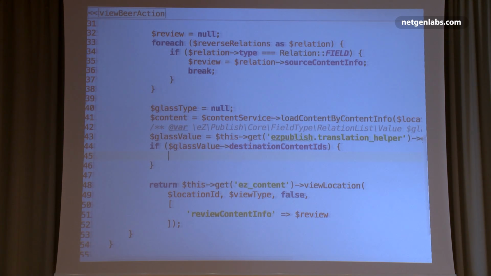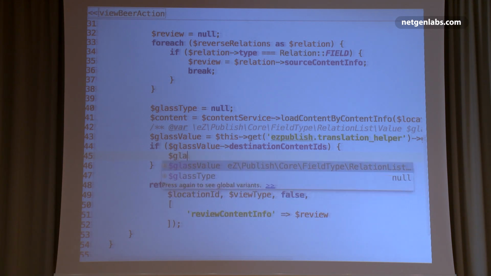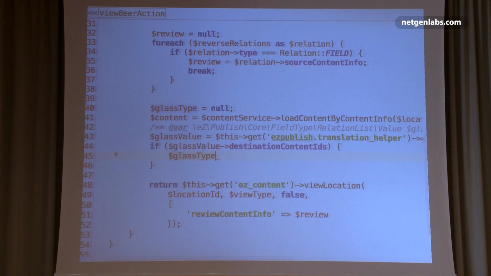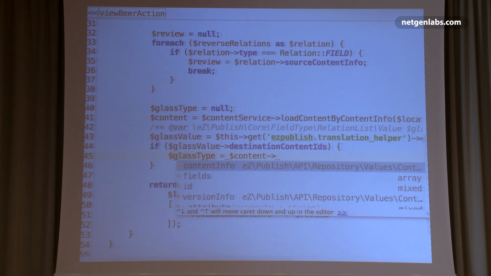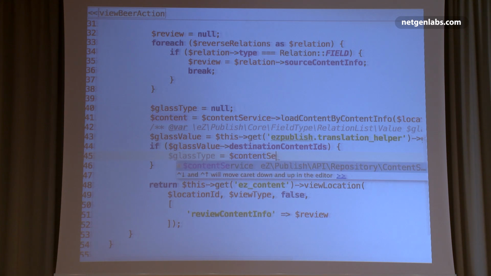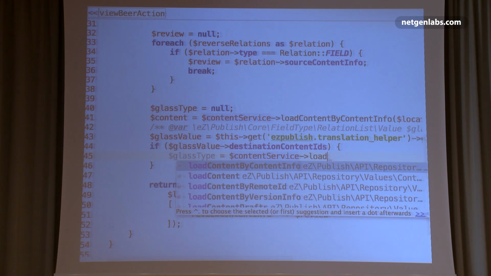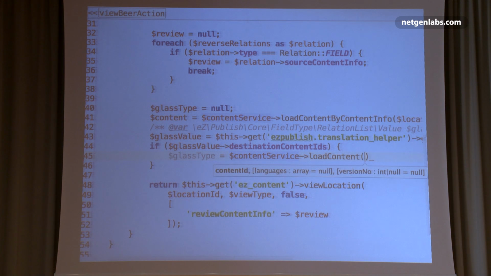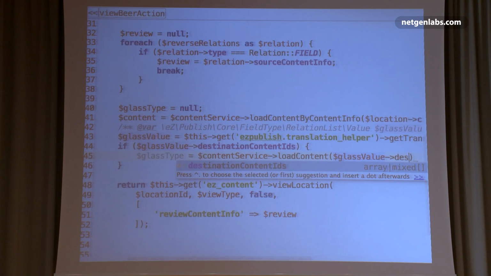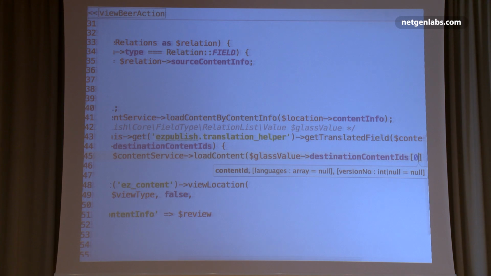So if the array of related objects is not empty, we load the content based on the first destination content ID. Content service, load content with class value, destination content IDs, and then we know that the first entry is filled.